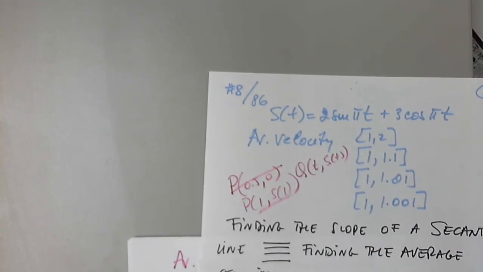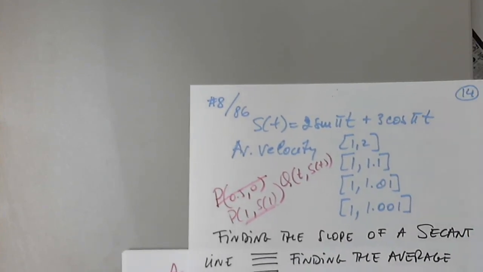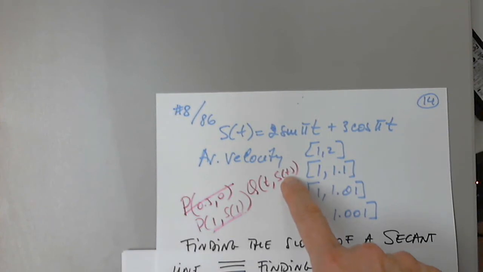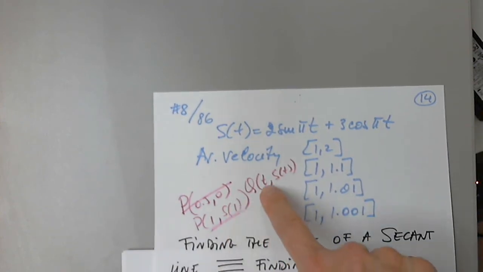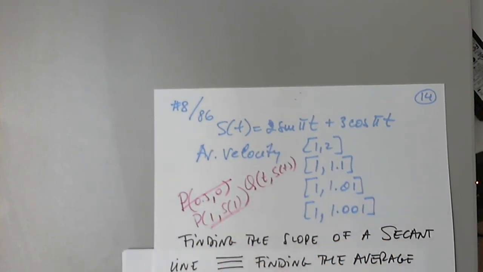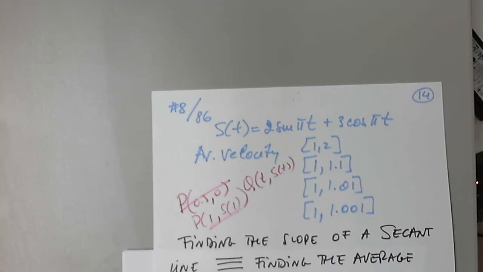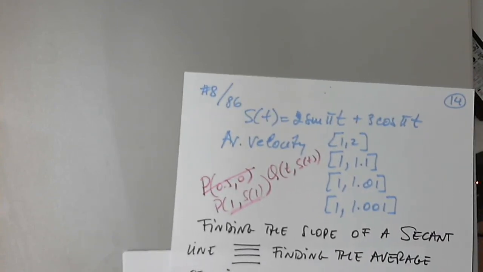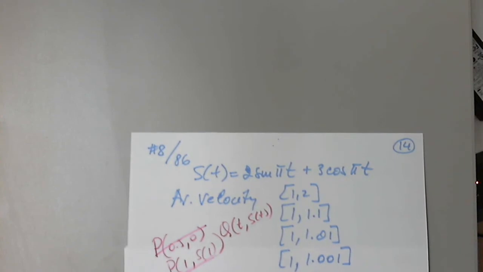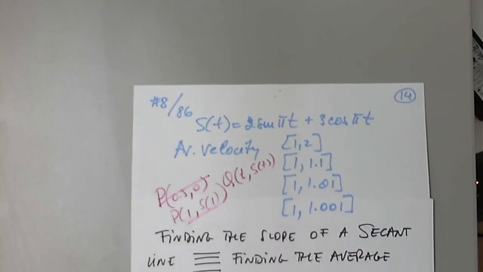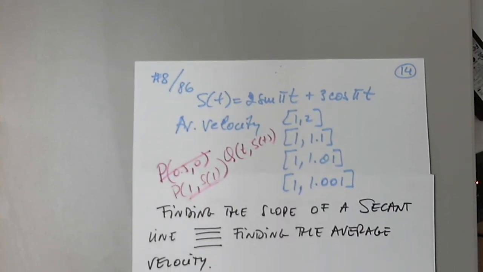So can anyone give us the formula for the average velocity? This minus this over this minus this. Any questions? Yes, please. I was just wondering, is that the rate of change? The same thing. The rate of change, yes.